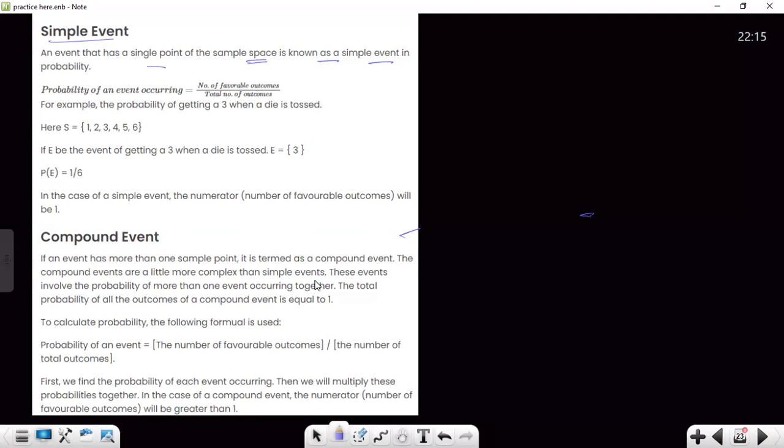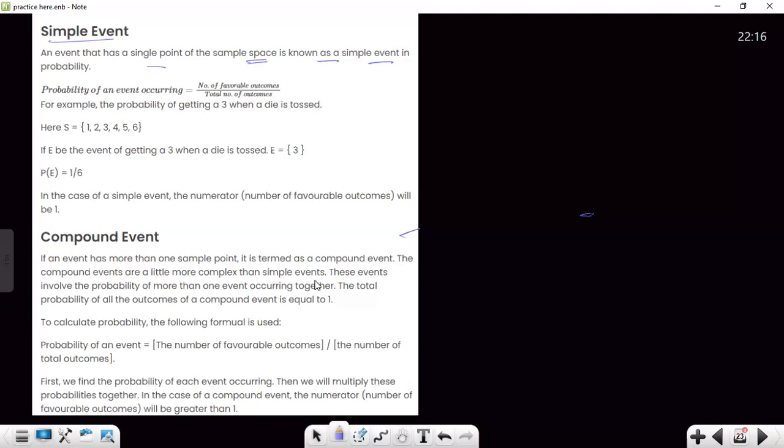But if I press the power button of my laptop, the single possible event is the blackout of my screen. If that becomes my favorable event as well, then it is a simple event.